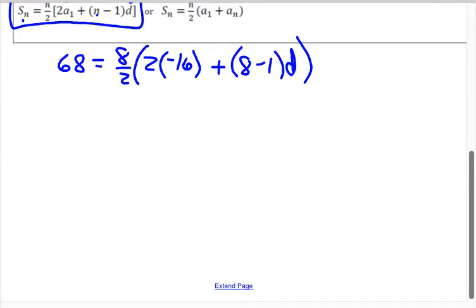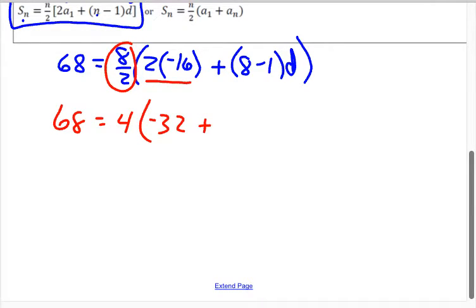So doing a little bit of work here. This is equal to 4. Negative 16 times 2 is negative 32 plus 8 minus 1 is 7, and 7 times d is just 7d.